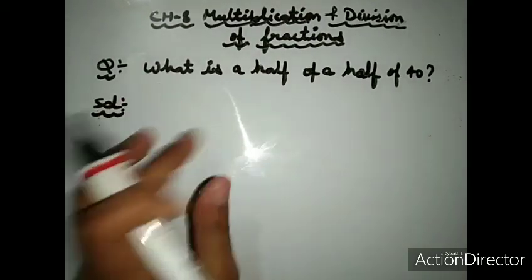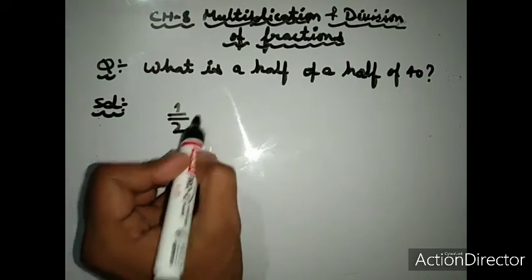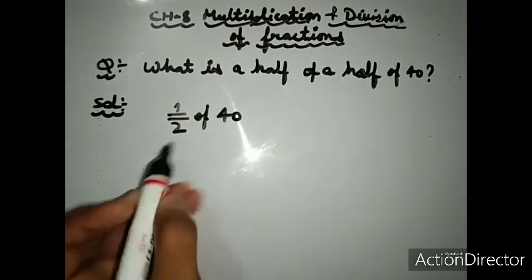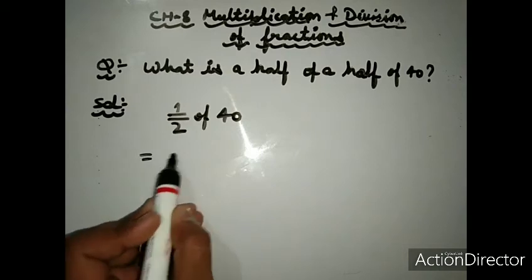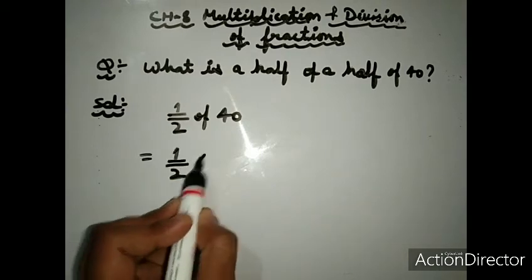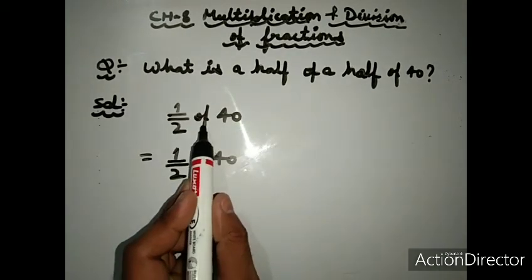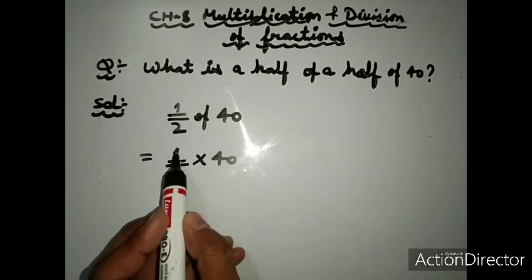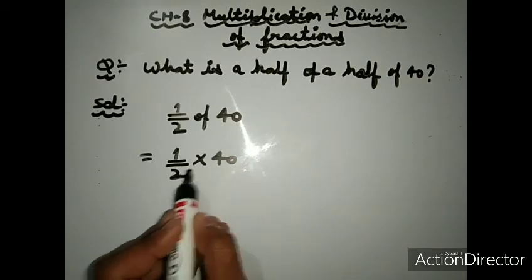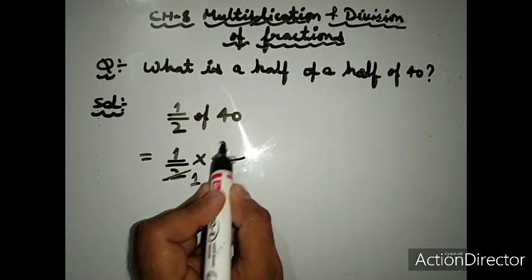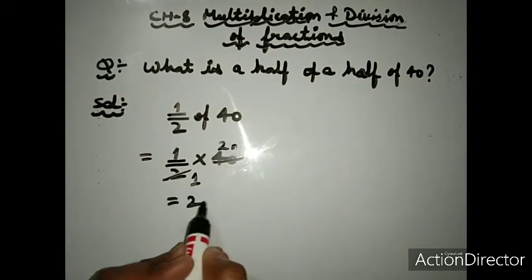We write it like this, half of 40. Half means 1 upon 2, and you all know that we replace this "of" by the multiplication symbol. So here we write 1 upon 2 multiply by 40. So 2 1s are 2, 2 2s are 4. So here we get 20.